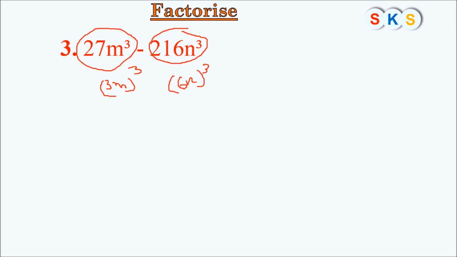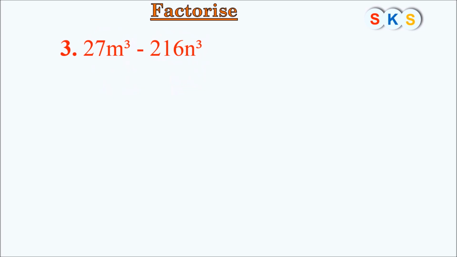So what we are going to do is replace both terms as perfect cubes. So we will get 3m the whole cube minus 6n the whole cube. Now your question is converted into the form of a cube minus b cube.